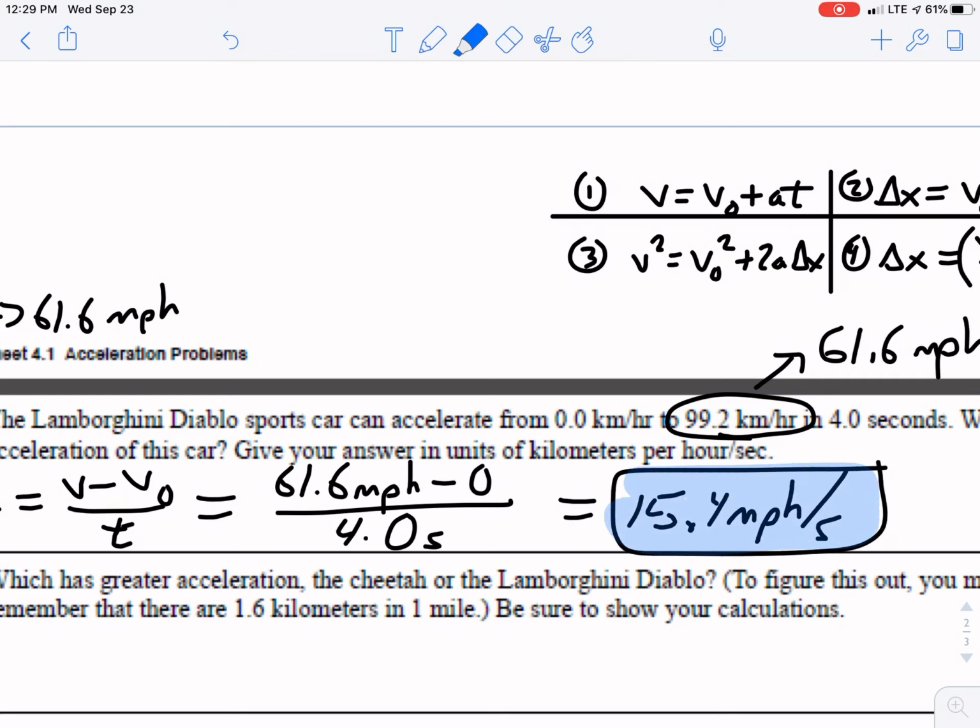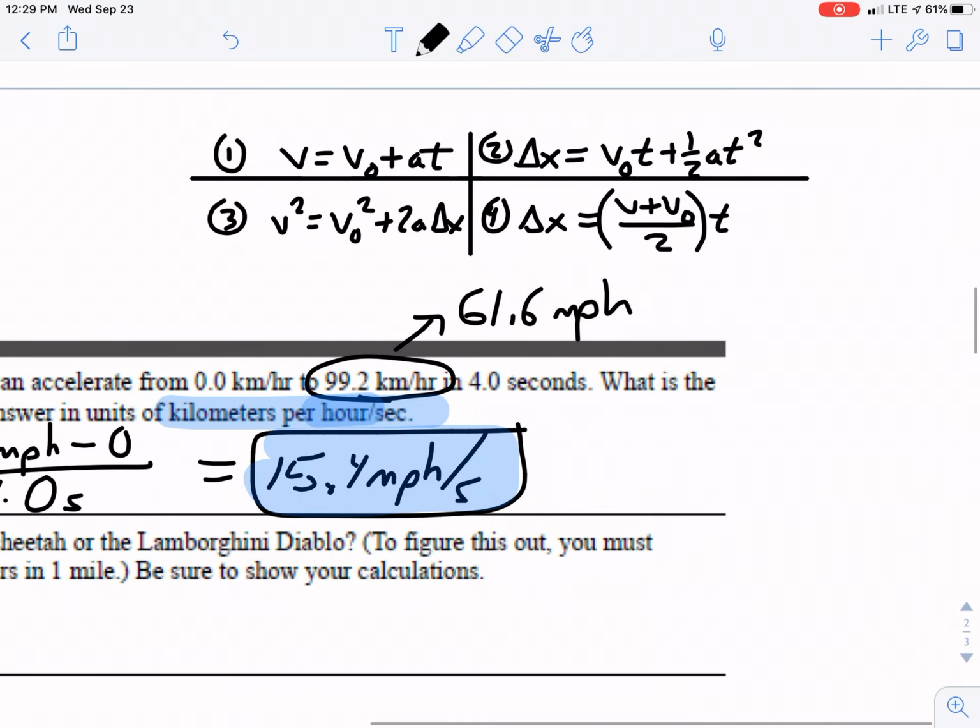Now, if we wanted our answer in kilometers per hour per second, which is what the question asks for, I'm just going to do a conversion here. And 15.4 would convert to about 24.8 kilometers per hour per second.